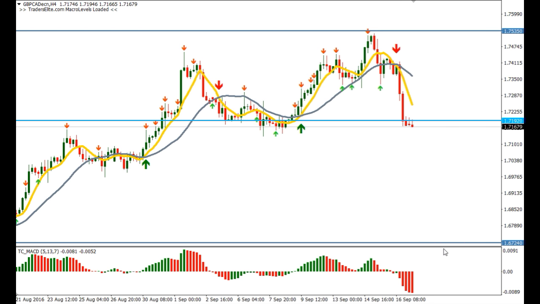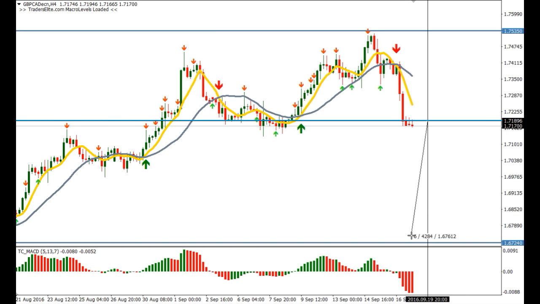Again, not necessarily for target one. You could play it that way, but I personally like to see targets roughly midway between the two macro levels, and that would be around 230, which is right around here.